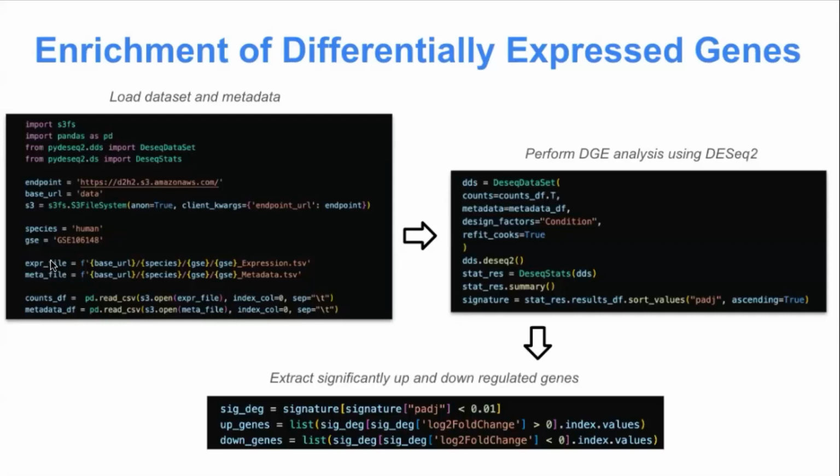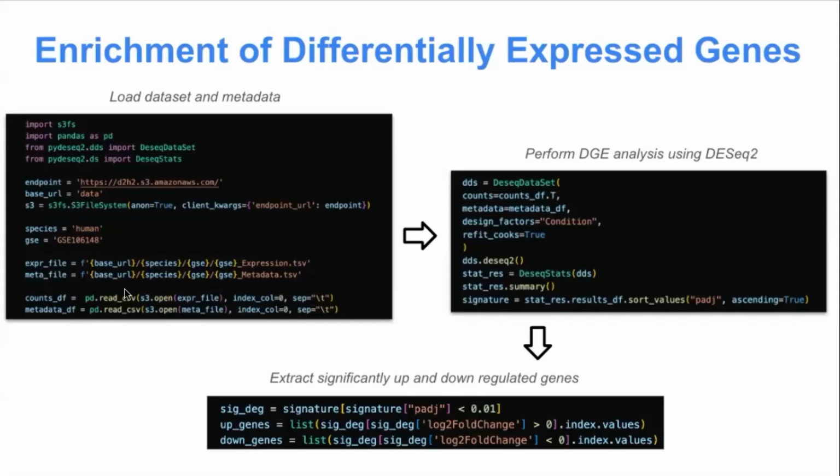The way it's stored in the bucket is, first of all, we have the base URL, then we have the species of the study, and then the GSE. To get the expression file, this is the expression.tsv file, and the metadata file is the metadata.tsv file.